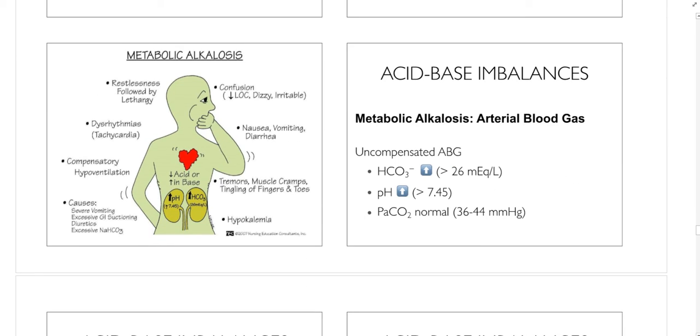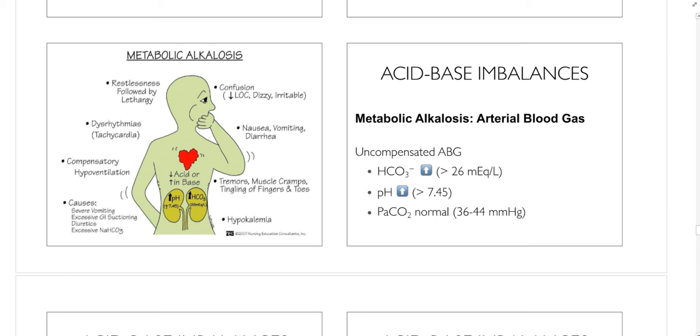When we look at an uncompensated ABG, we're going to see a high bicarbonate, because that's the problem here. pH is going to be high because we're in alkalosis. And very early on, probably not for very long, we're going to have a PaCO2 that's normal.